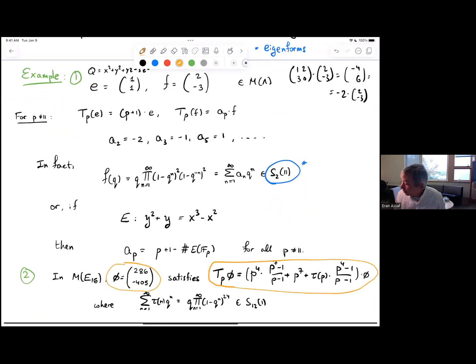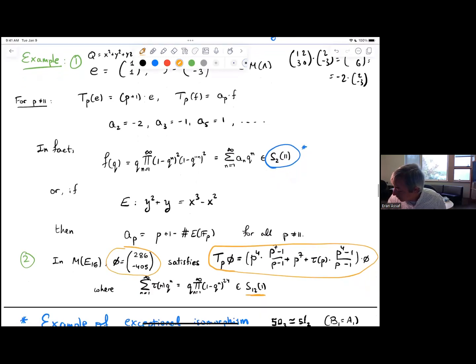So it comes from the unique modular form which is cuspidal of weight 12 and level 1. And maybe I should say that in both these cases, I didn't really prove to you that this is what happens. I've only shown you some numbers and told you that they match. These are actual facts one can prove, as I will tell you briefly.